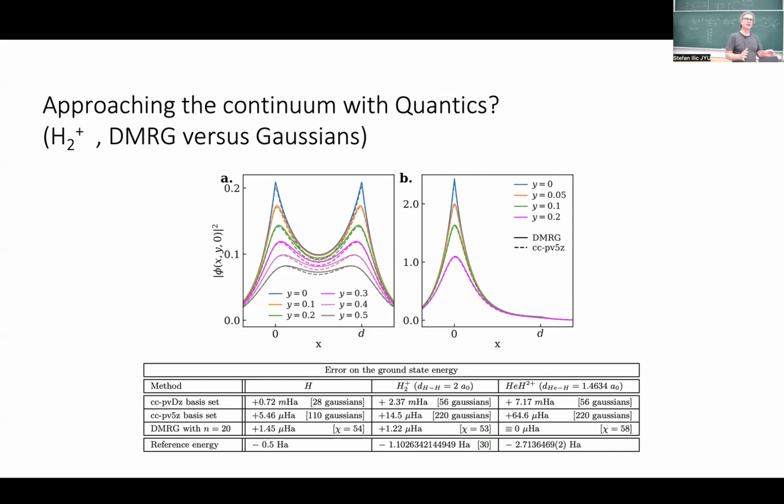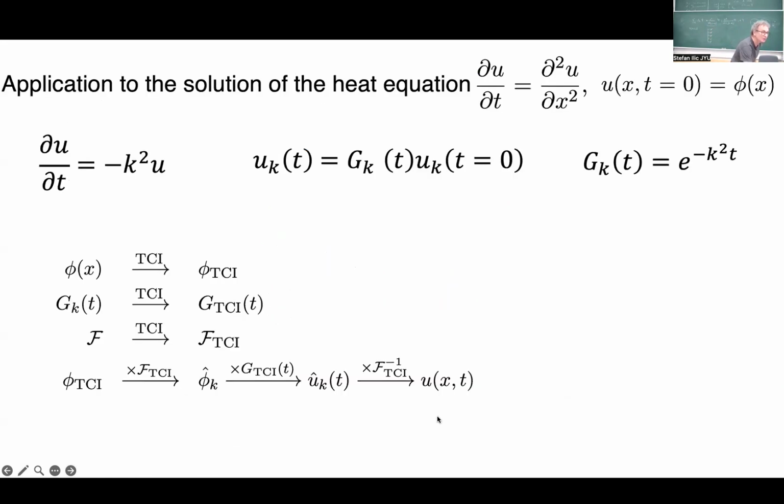It's a big basis set, so you can use it for this problem because it's a small problem, but you wouldn't be able to use it for anything large. And if you look at the numbers here, for H2 plus, we get 1 more digit. Here it's 14 microhartree, and we are at the 1 microhartree level, and it's using already 200 Gaussians, which is a mess.